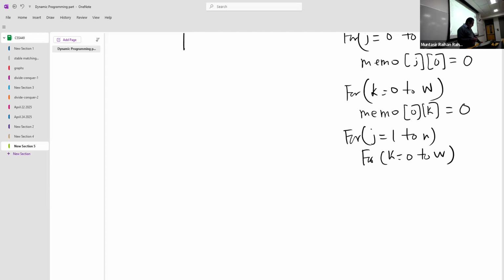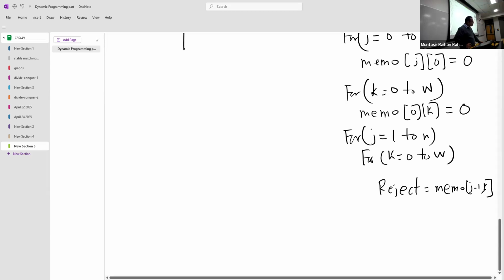So when you are at position jk, your recurrence is in terms of j minus 1. If you decide to reject the jth item, then you're going to pick the solution that is stored in memo j minus 1 and the weight left is k, the same weight left.